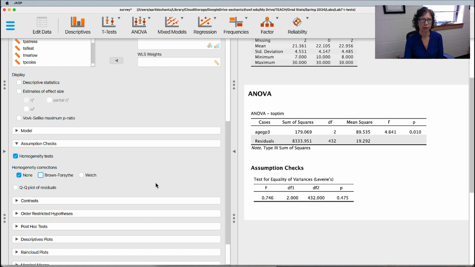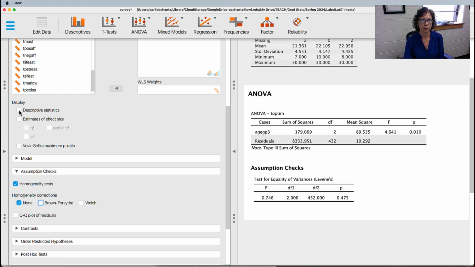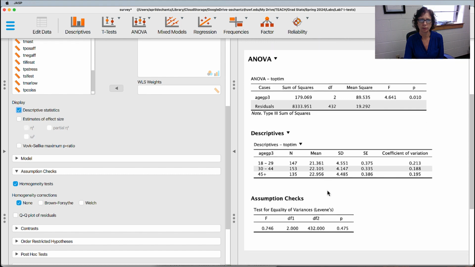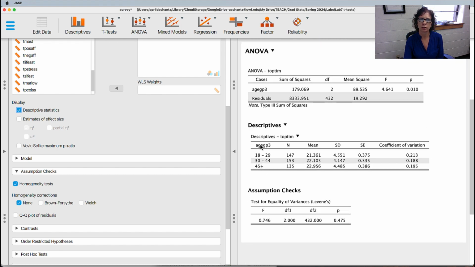So we're good there. We can also get descriptive statistics so that it gives us a good start on laying out a table of descriptives for the age groups, how many participants were in each age group, and the mean and standard deviation of total optimism for each age group.